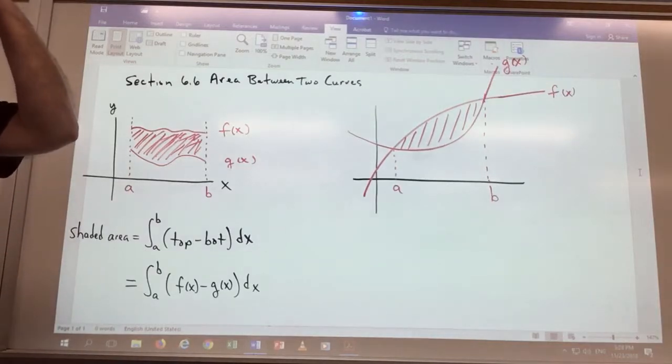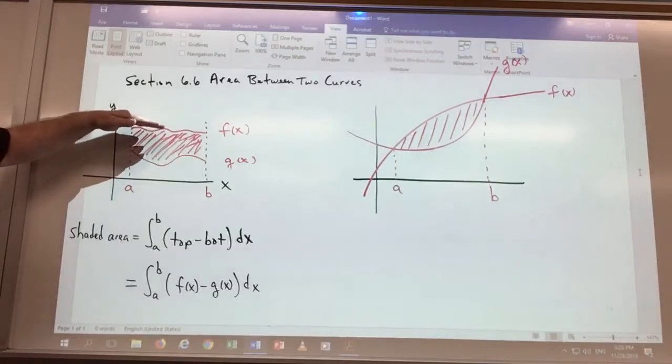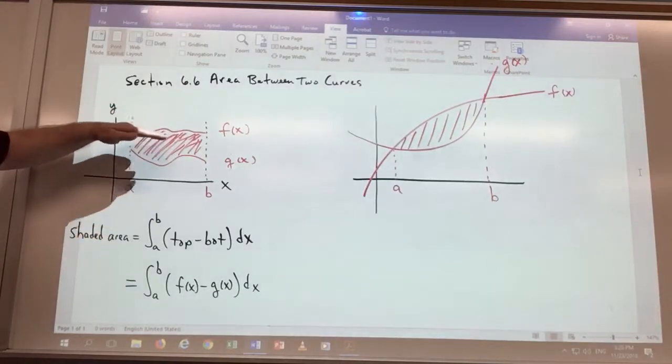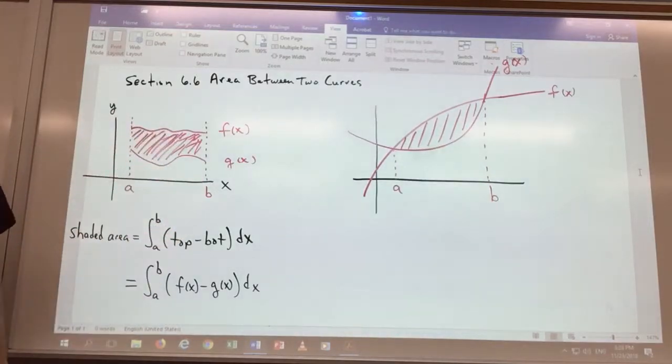Well, we know from the previous section how to calculate the area below a curve and above the x-axis from x equals a to x equals b.